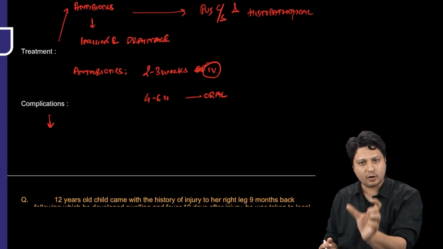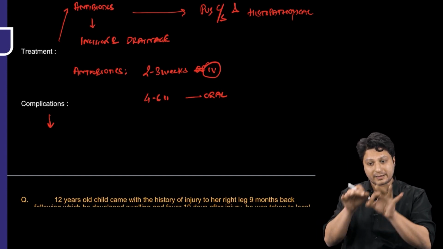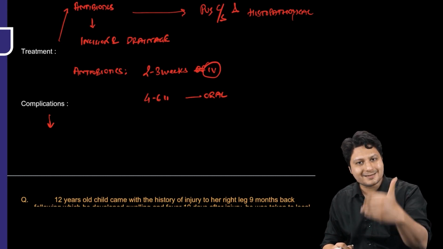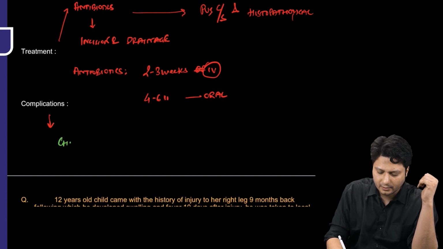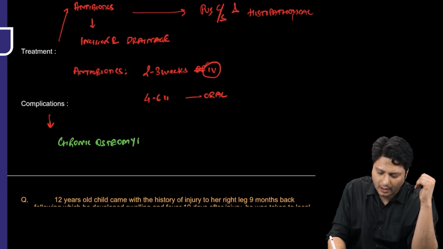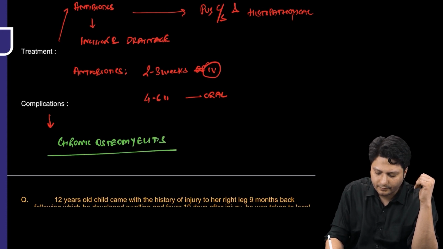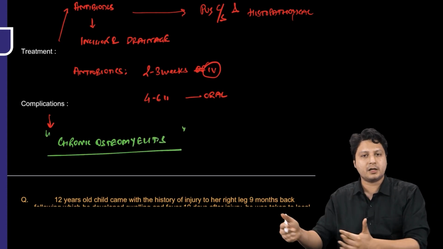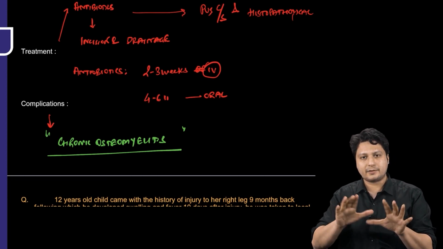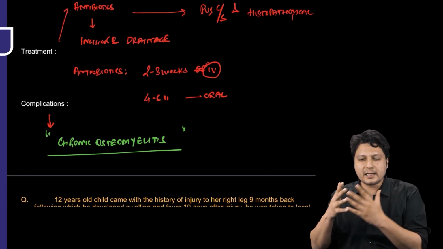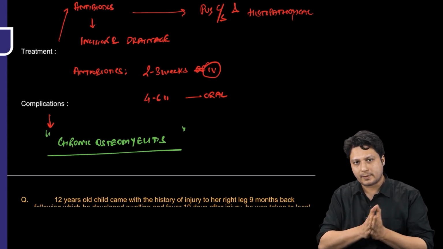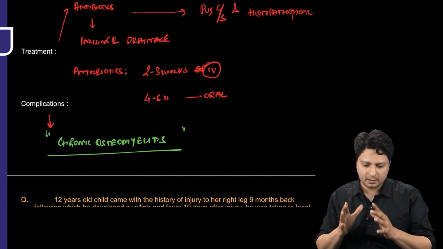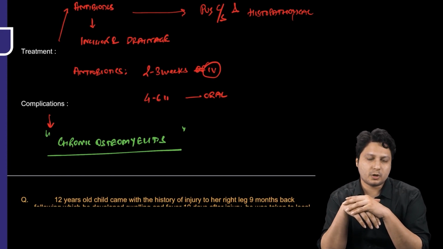Because of this lack of compliance, some amount of the organism will persist inside the bone, and that persistence for a long duration might result in chronic osteomyelitis. All right. So maltreatment of acute osteomyelitis might result in chronic osteomyelitis. That is considered the most common complication, very commonly seen, where after incomplete management of acute osteomyelitis, the condition gets converted into chronic osteomyelitis.